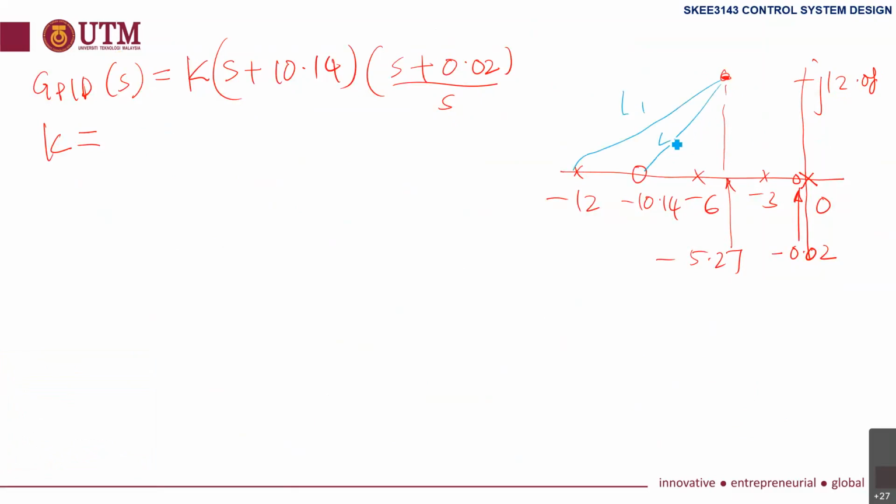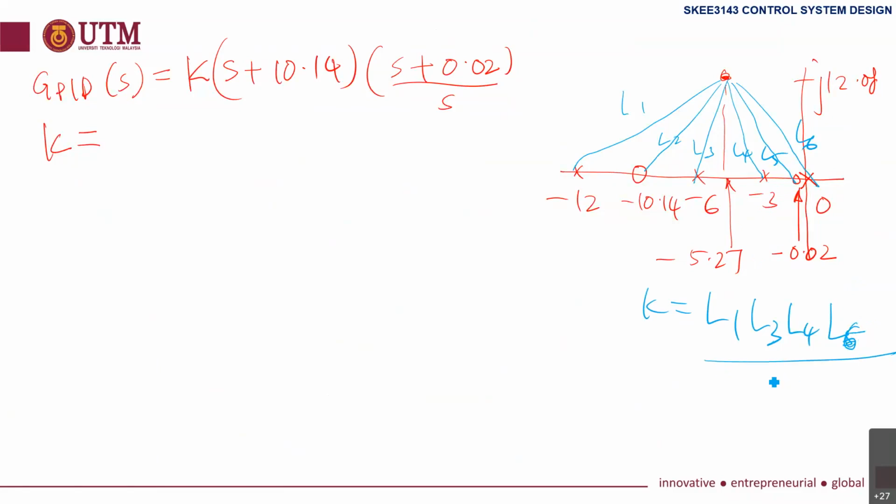So you can proceed to find K. K is L1, L3, L4, L5, L6 divided by L2 and L5. You calculate K is around 158.